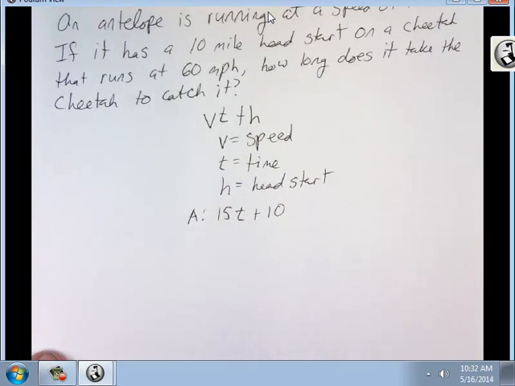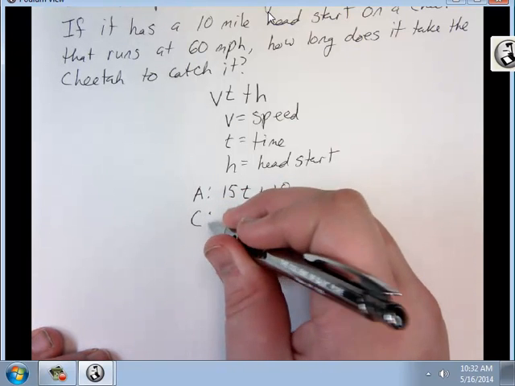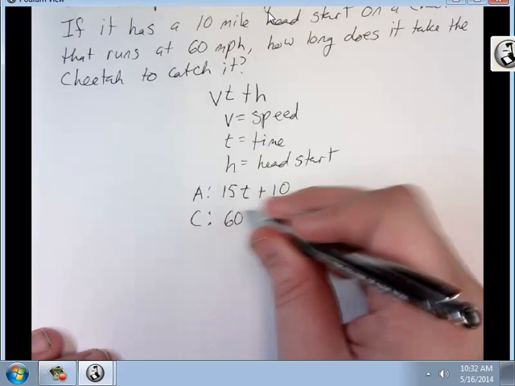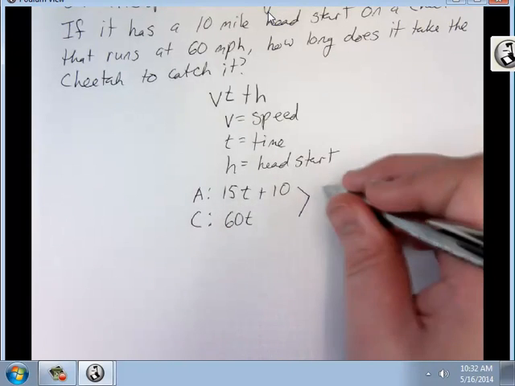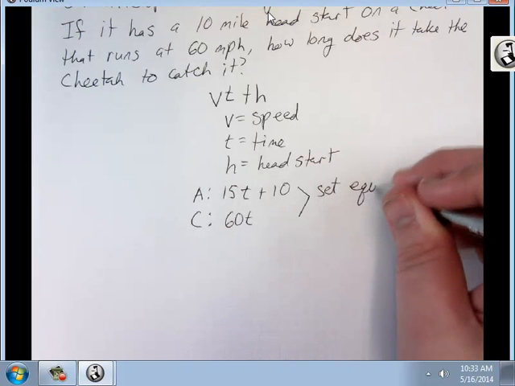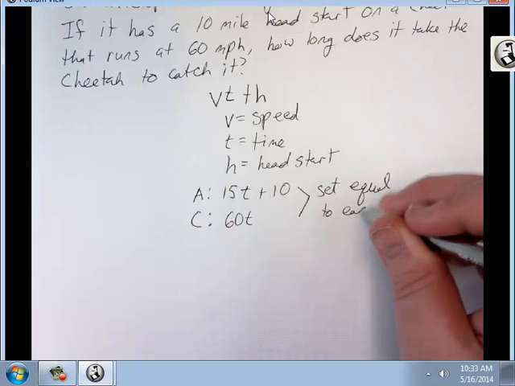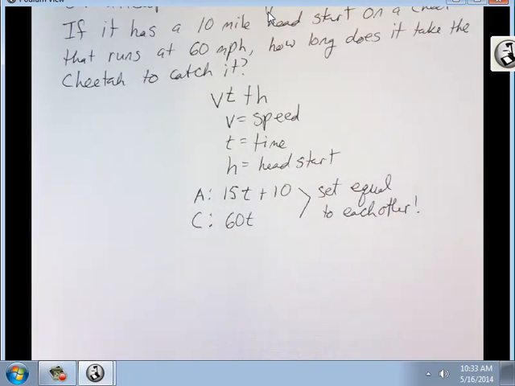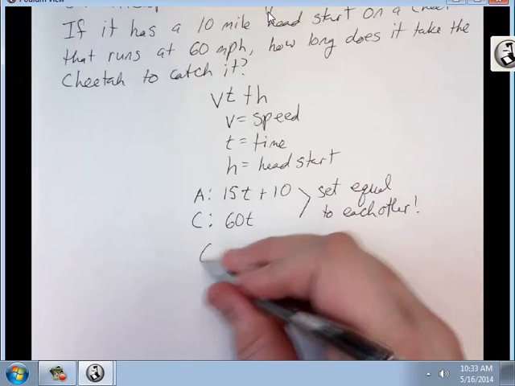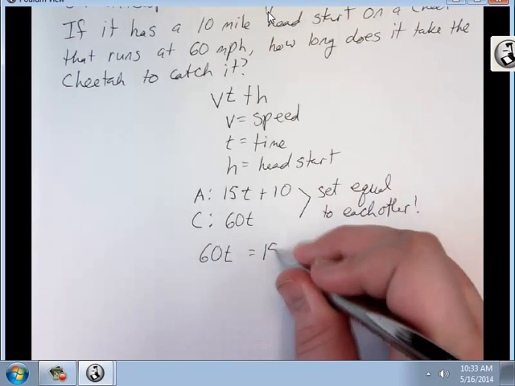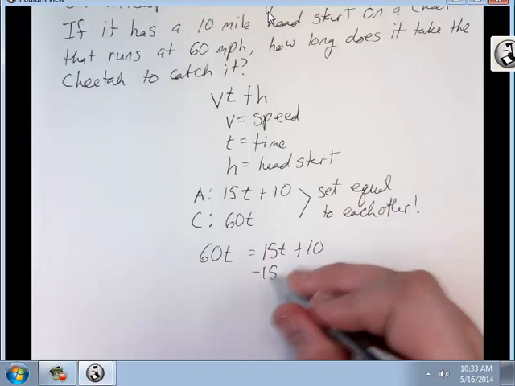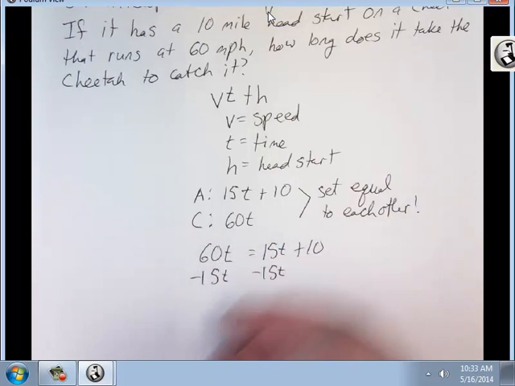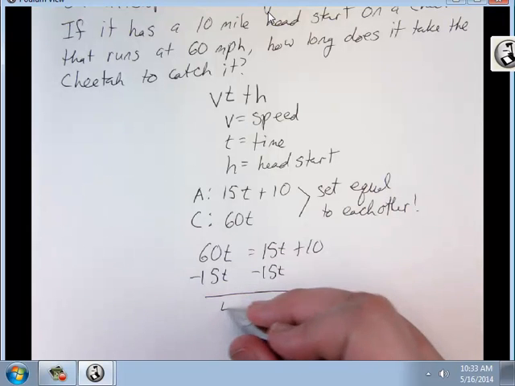The cheetah is going 60 miles per hour times time and doesn't have a head start at all. We're going to set these equal to each other. 60t equals 15t plus 10. Subtract 15t. 45t equals 10.